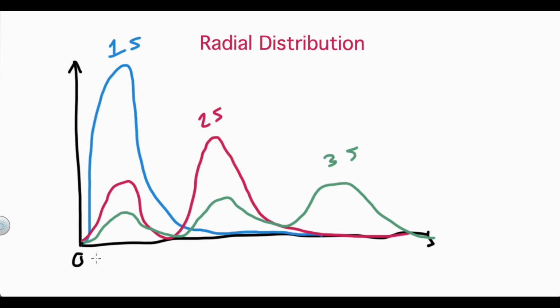You have a 0% probability of finding an electron at the nucleus. And you also have a 0% probability of finding it at the nodes. There are no electrons at the nodes between the orbitals. You have a 0% possibility of finding them.